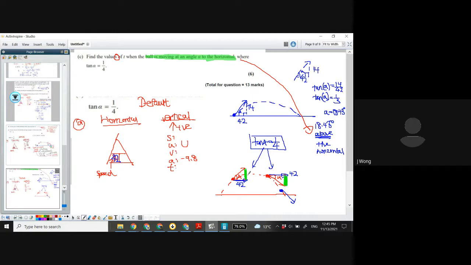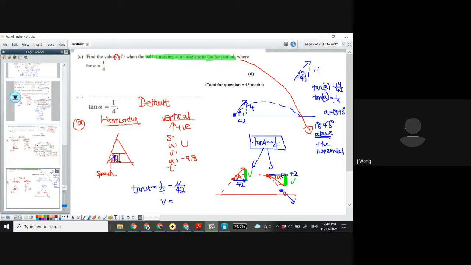So I'm going to find the size of this length, which is the vertical component at those two instances. If I call this V, then using the triangle, tan alpha is a quarter, or found through this triangle, the opposite V over 42. I could rearrange that to find the vertical component.